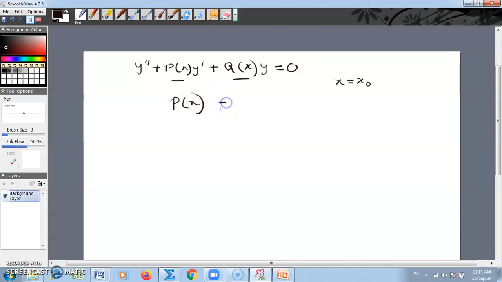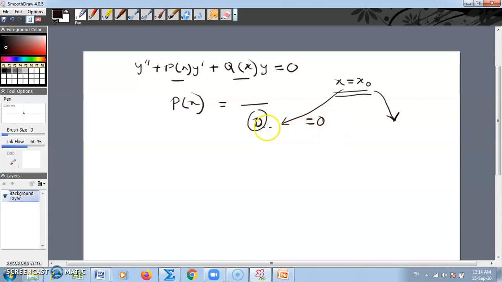If the denominator of p(x) on putting x is equal to x naught gives me 0, then it's not analytic at x is equal to x naught. Then we say it's not ordinary, a singular point. But if this is not equal to 0, we say it's an ordinary point. So that is an ordinary point and a singular point.